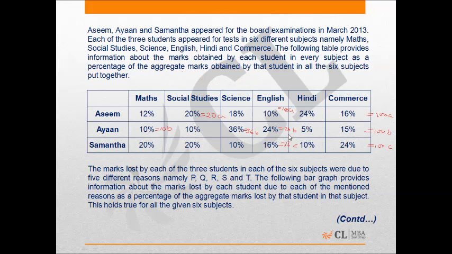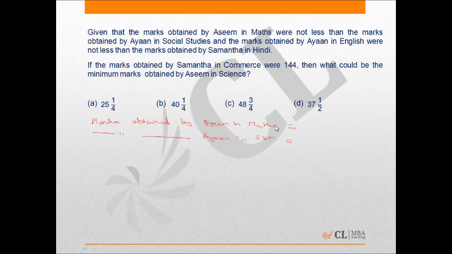Marks obtained by Asim in maths would be 12A. Marks obtained by Ayan in social studies would be 10B. So I'll write it here, 12A and 10B. So they are saying that 12A was not less than 10B. That means it was either equal to or greater than 10B. I have equation 1.